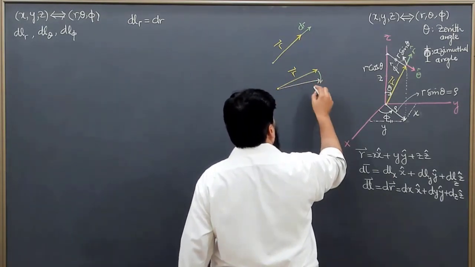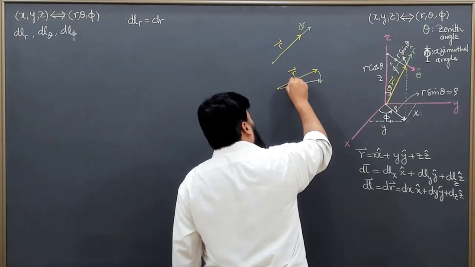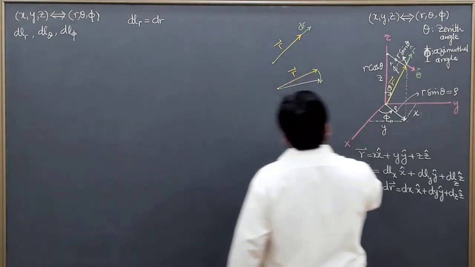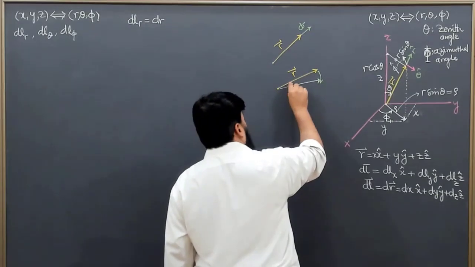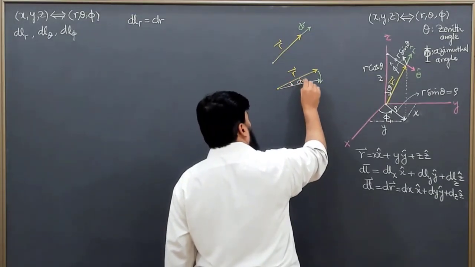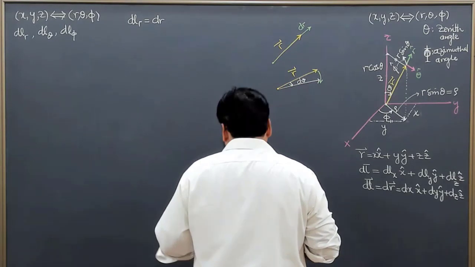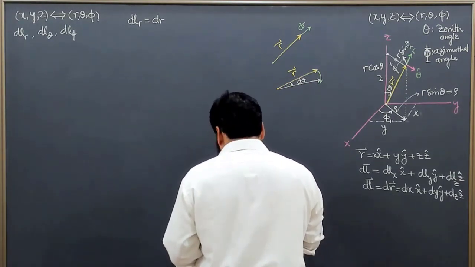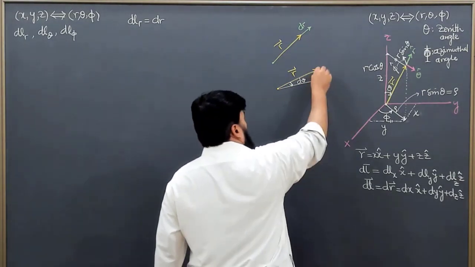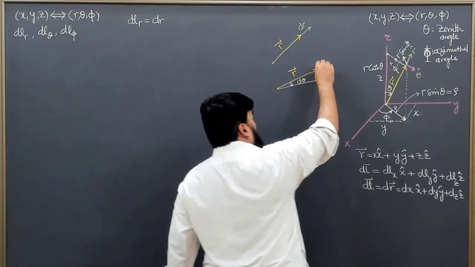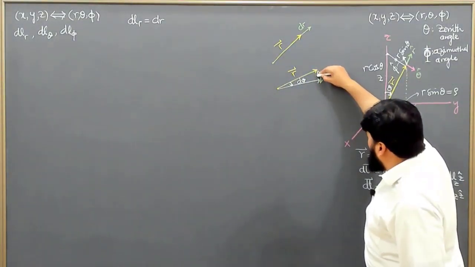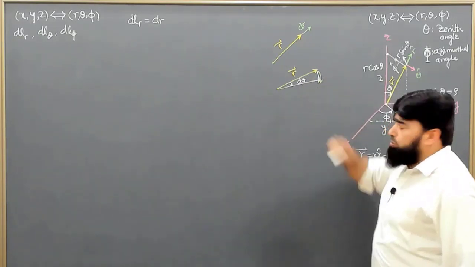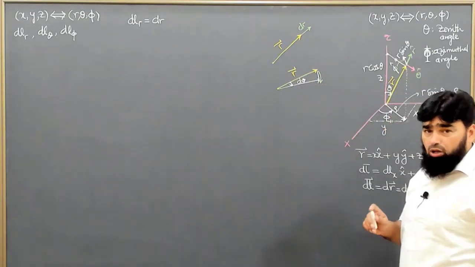If this angle is very small, let's say this angle is equal to d theta, then this curvature will convert into a line.